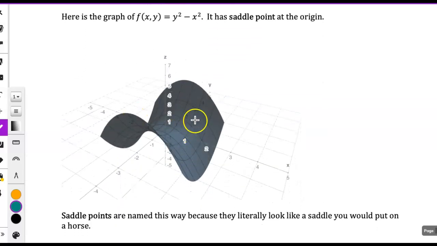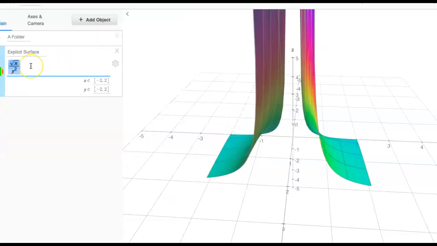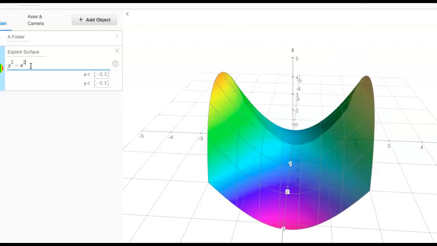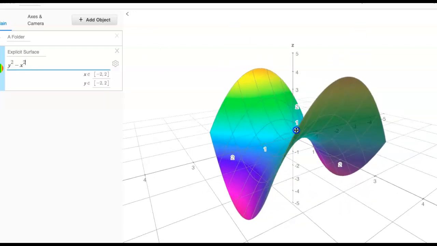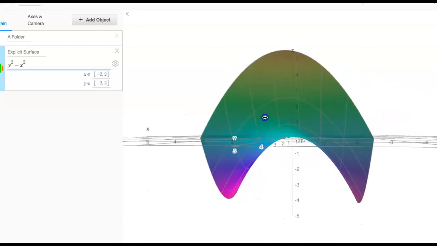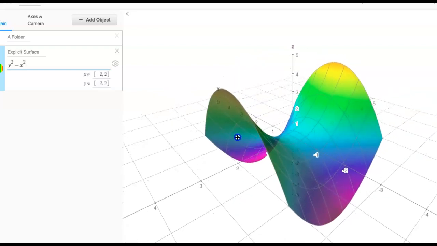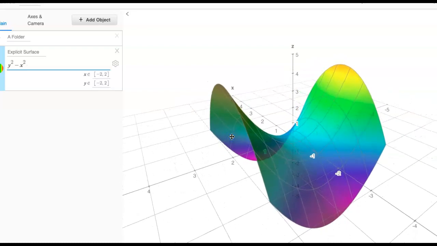This looks like a saddle, and if I throw it into this grapher real fast, y squared minus x squared graphs this saddle that you can look at. It looks like a saddle or a Pringle.